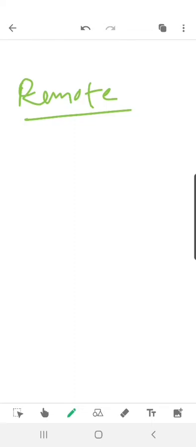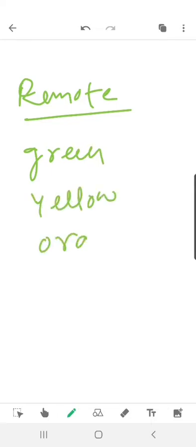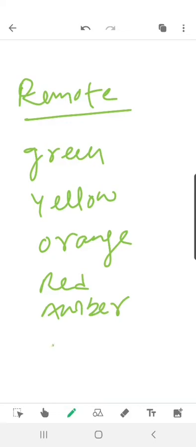The light which can be emitted by our LED in the visible spectrum can be only one of the following colors. Either it can emit green, yellow, orange, red, amber, or white.